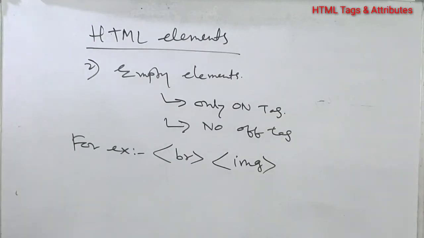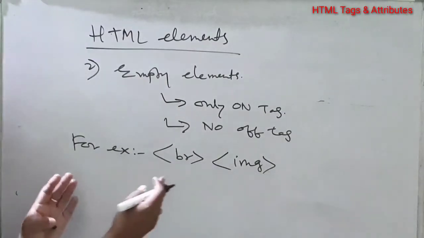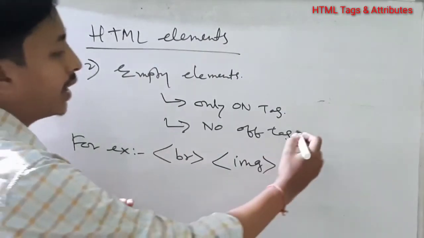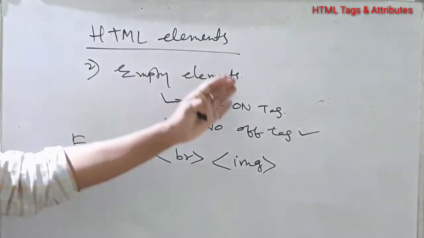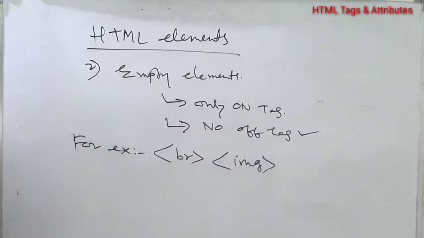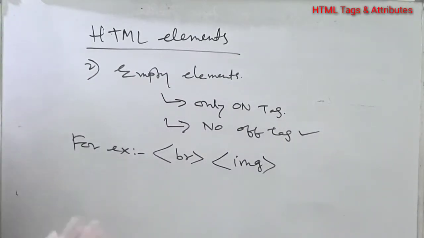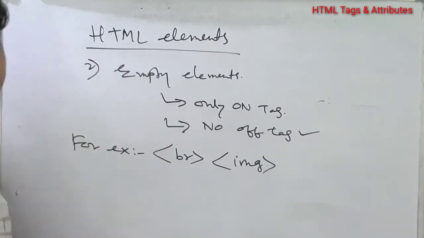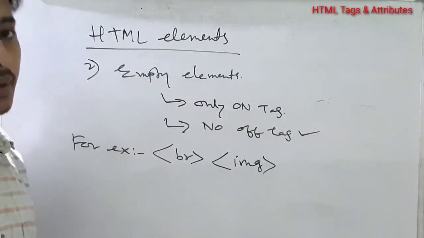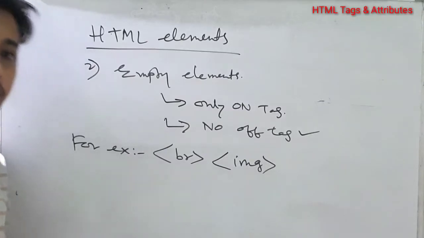In empty elements, you just write the on tag. No need to write the off tag. There are two kinds of elements in HTML. One is container elements, where both on and off tag are present, and in empty elements only the on tag is available. There is no off tag. Okay, so you understand?